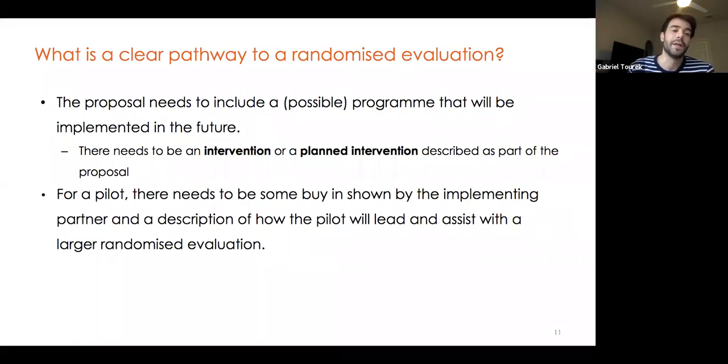And I'll just say that for the pilot proposals, which Emily will talk about in a little more detail, there needs to be some buy-in, showing that the implementing partner would be interested in scaling this up towards a larger randomized evaluation.